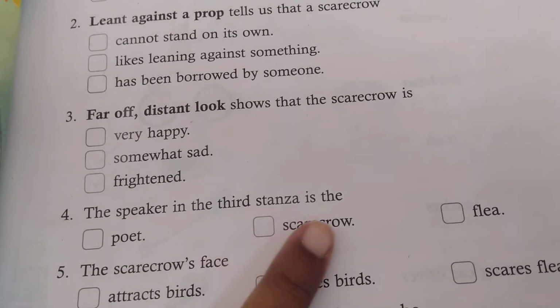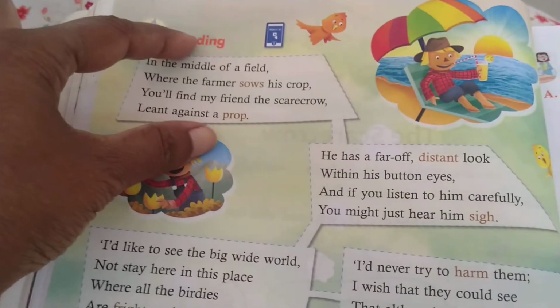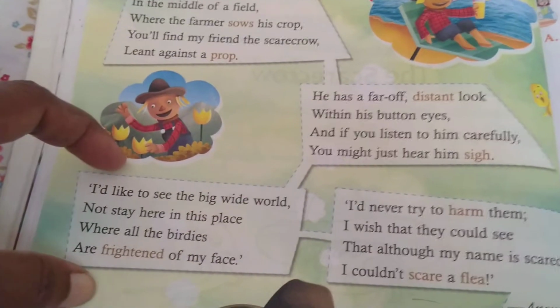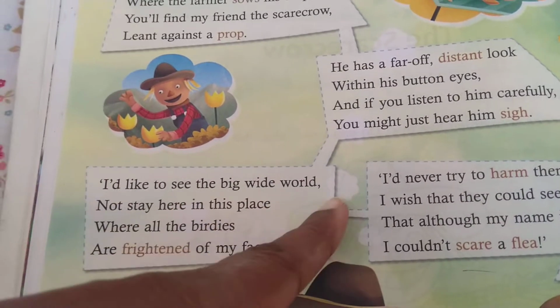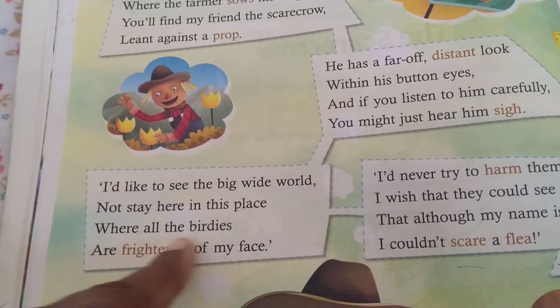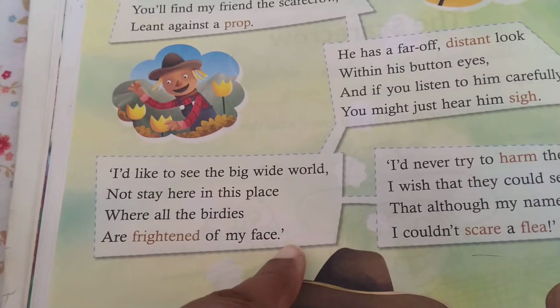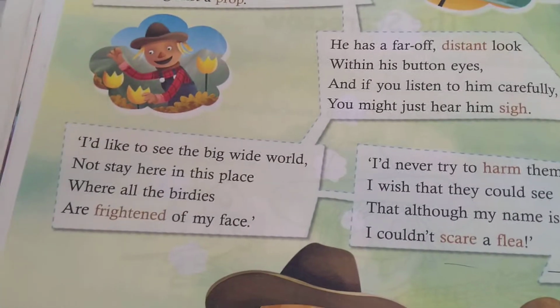The speaker in third stanza is. So let's look what third stanza is. So this is the first stanza of the poem, second stanza, and here comes the third stanza. Let us read what it is. I would like to see the big wide world, not stay here in this place where all the birdies are frightened of my face. So who is speaking? Yes, it is Scarecrow.